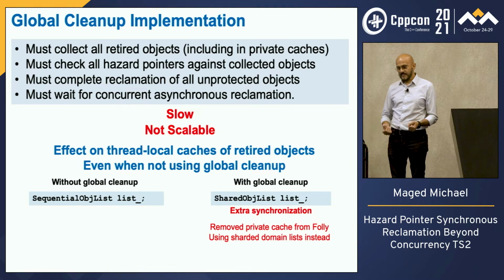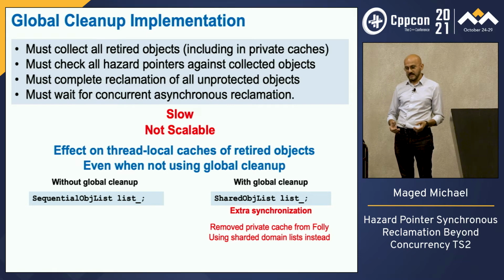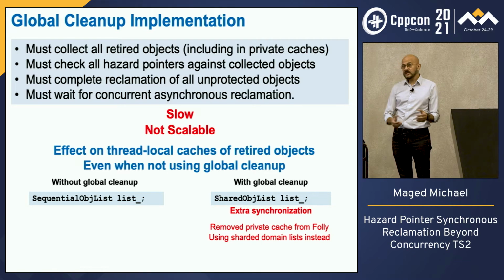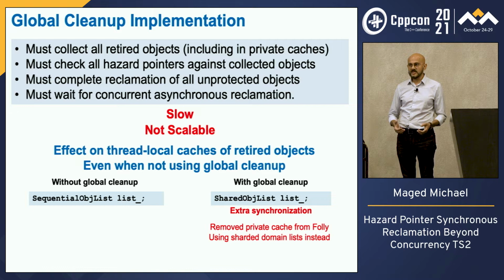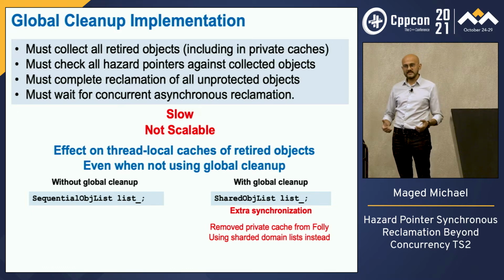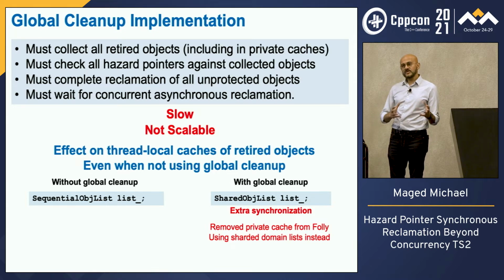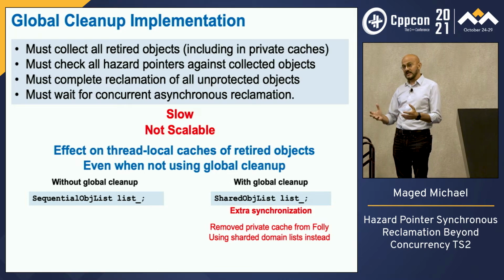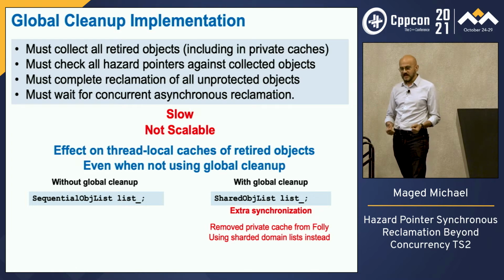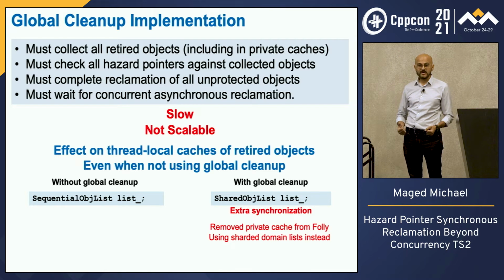So let's say we have thread local caches of retired objects. Without global cleanup, we can just use sequential data structures. It's just one thread accessing it, so we don't need synchronization for that. But because we do have global cleanup that has to extract these objects from the thread local structure, now we have to use extra synchronization.